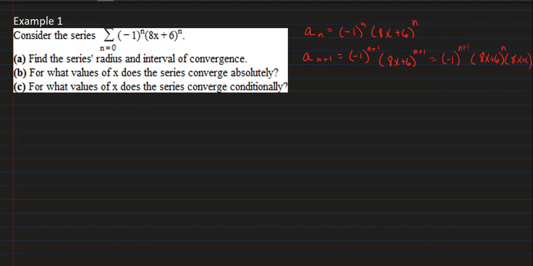So when I do the ratio test, I'm going to look at the limit as n approaches infinity of the absolute value of a sub n plus 1 divided by a sub n. Because of the absolute values, I'm going to ignore those negative 1's raised to a power.